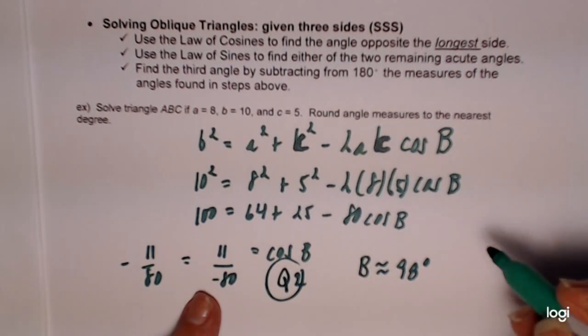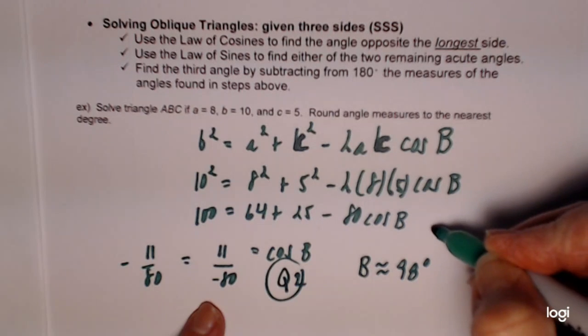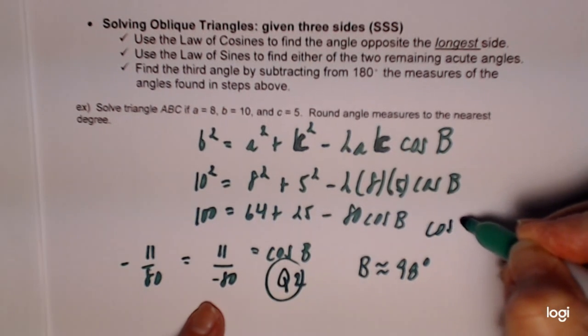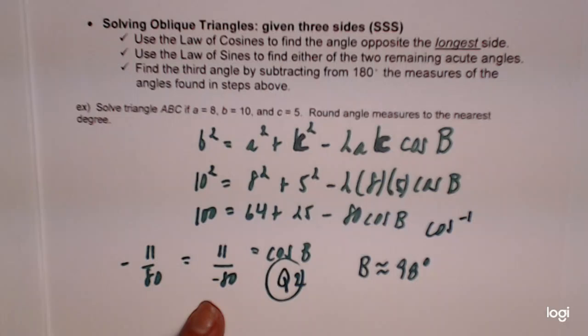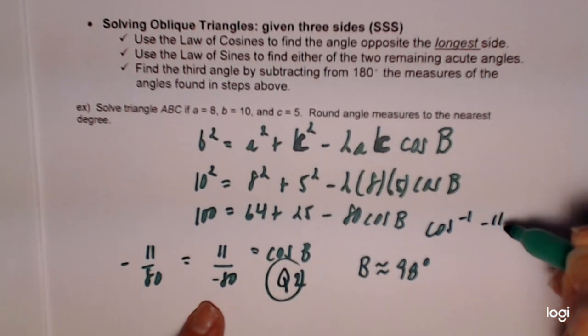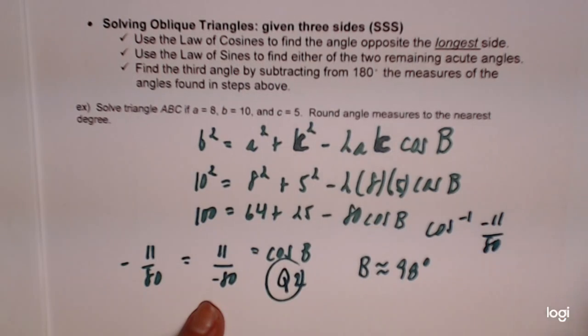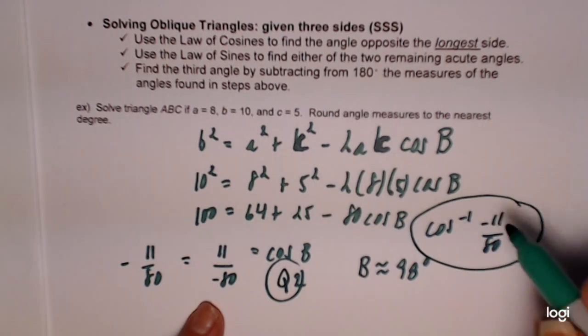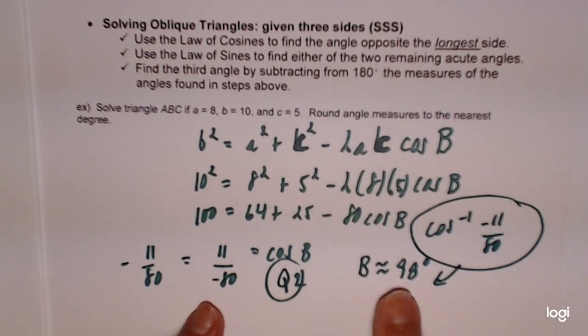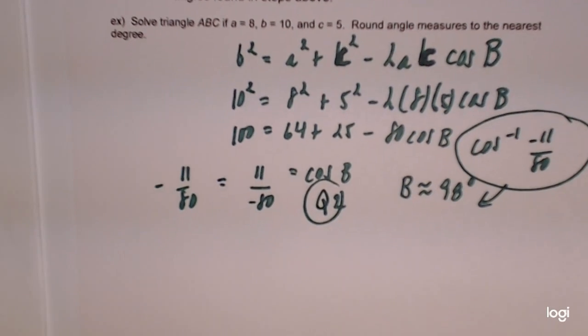When you do inverse cos in your calculator of negative 11 over 80, this is what you'd input to get this answer. And it should make sense that it is from Q2, so it's going to be bigger than 90 degrees.